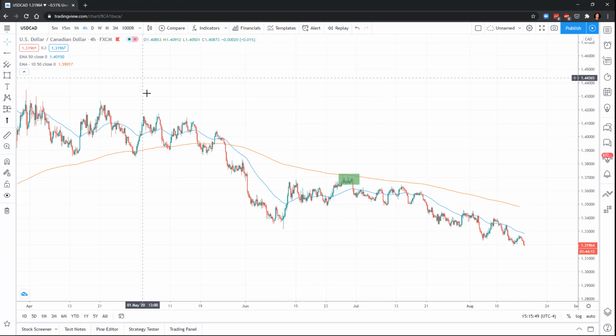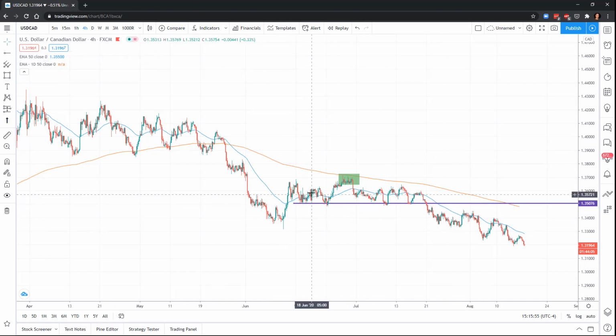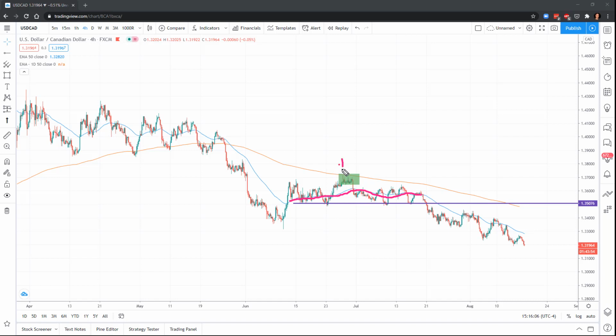Now, when you're dropping down to the intraday time frame, what you will notice is that the moving average is relatively flat, even though we held resistance on the daily time frame. So to catch the highest probability opportunities, you're going to want to wait for price action and these moving averages to align between your time frames.